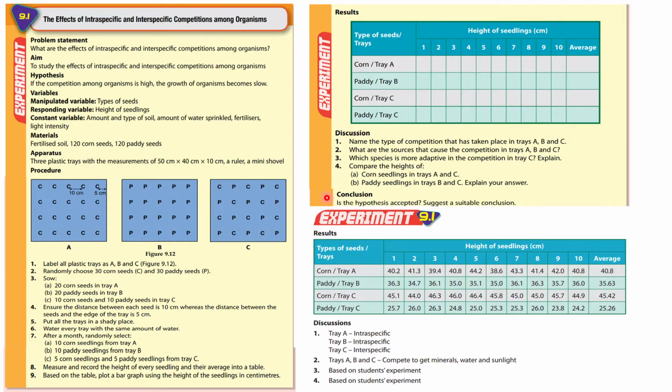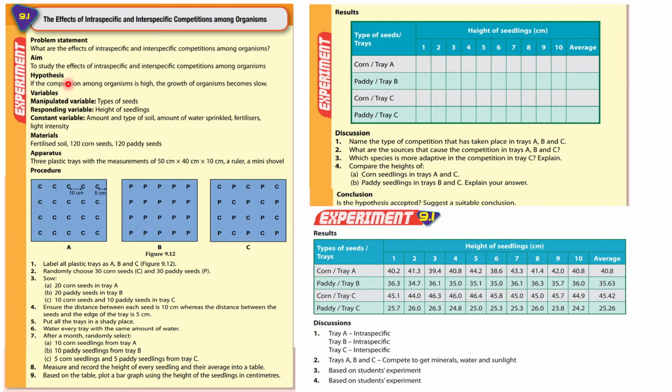Okay, let's look at this experiment to study the effects of intraspecific and also interspecific competitions among organisms. So this is the problem statement. We are to ask what are the effects of intraspecific and interspecific competitions among organisms.